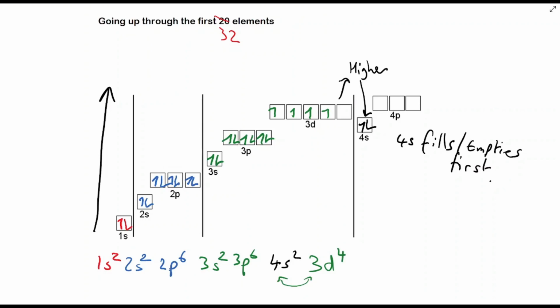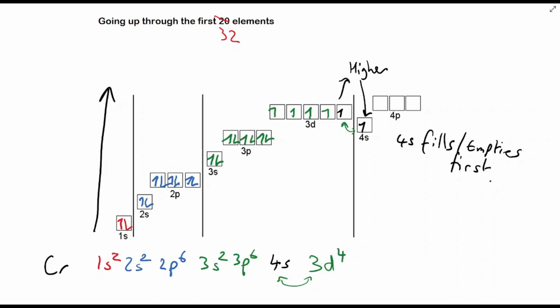But you see how close these two are? What happens is they're so close, and this is so close to being perfect, having everything balanced and full, that one of these electrons, instead of going into the 4s, moves to the 3d. And so chromium is an exception.